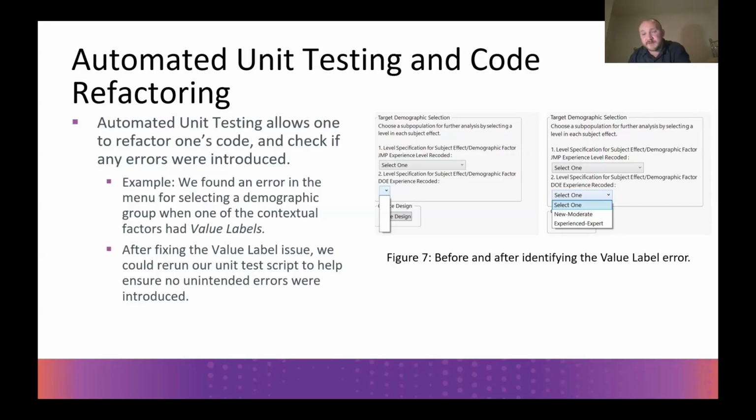Certain platforms might change. And so if you have this unit testing script, you can always test your add-in when JMP is updated to make sure that something that changed within JMP didn't or did affect your add-in.